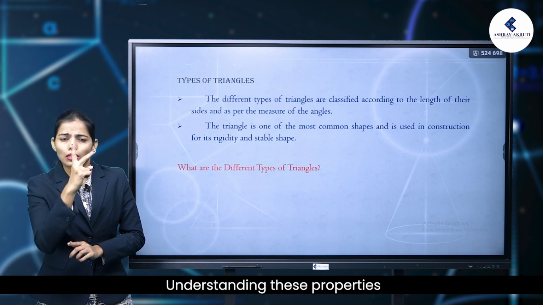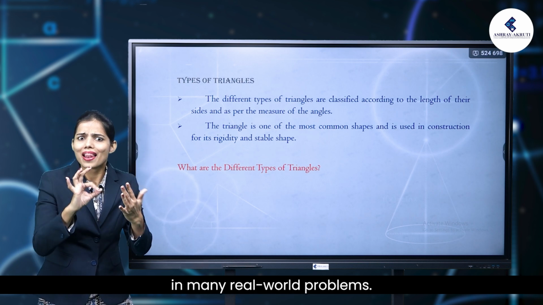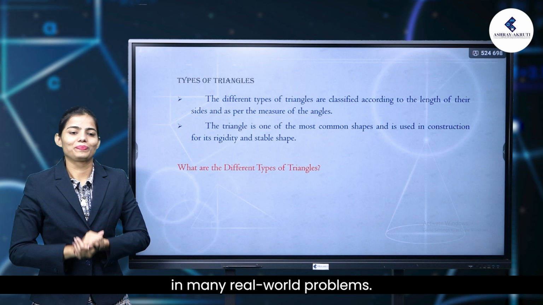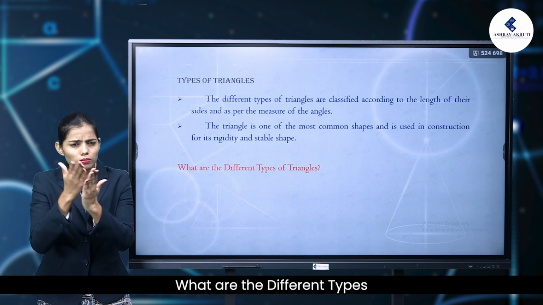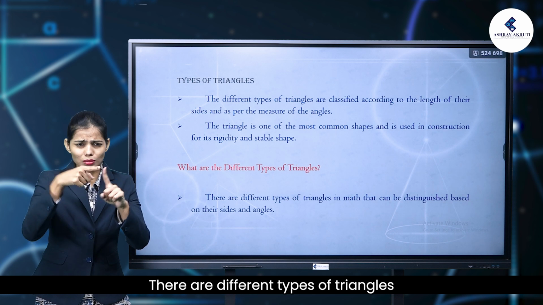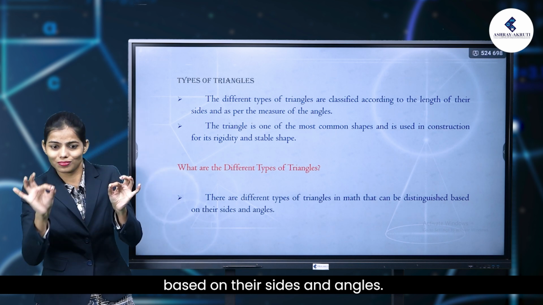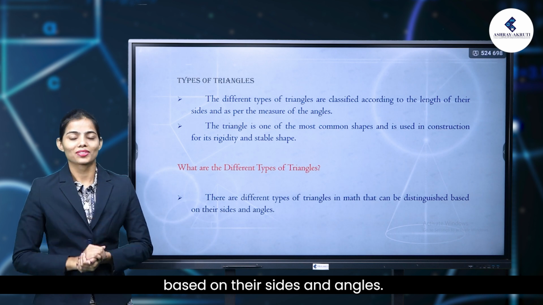Understanding these properties allows us to apply the ideas in many real-world problems. What are the different types of triangles? There are different types of triangles in math that can be distinguished based on their sides and angles.